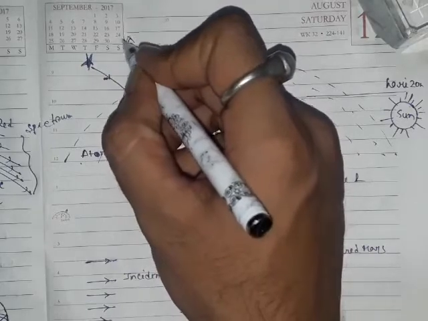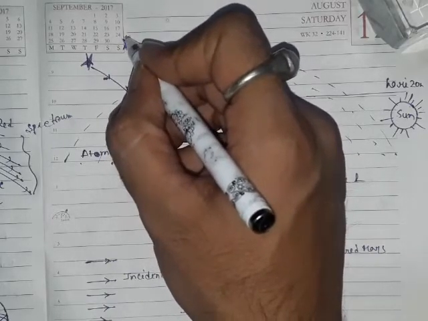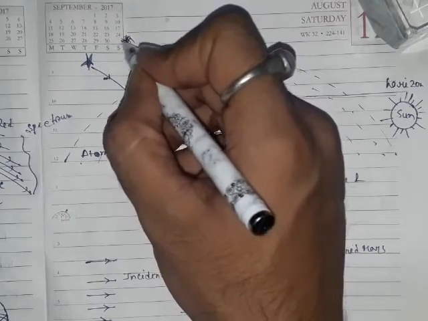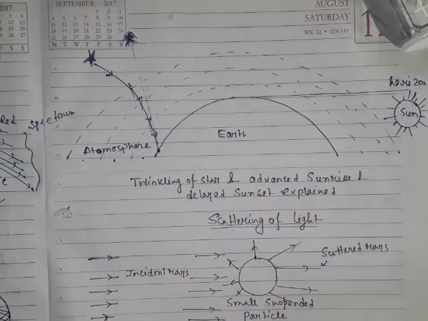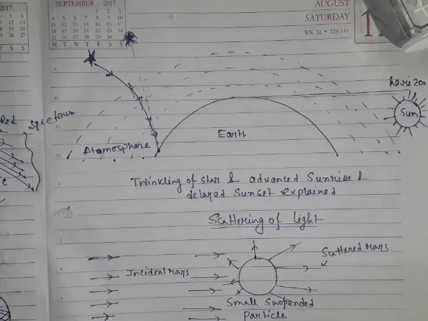Now the problem is that this atmosphere of earth is not always fixed, rather it is changing with time. There may be some clouds, or sometimes there are no clouds in the sky, that means a clear sky, or sometimes some amount of cloud comes.